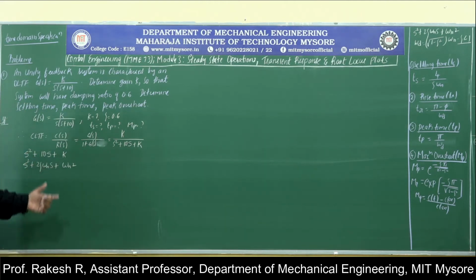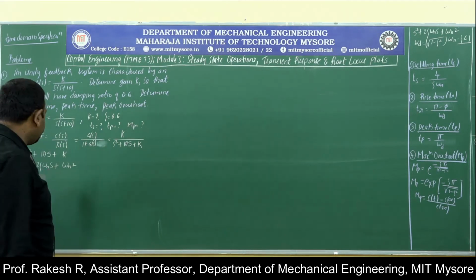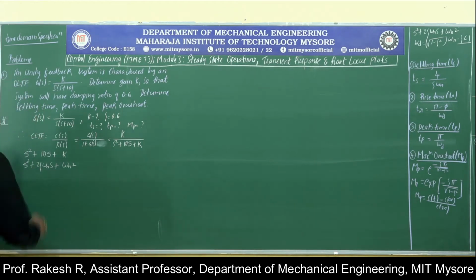Let us solve. First let us calculate omega n and zeta. So I will compare these two. 2 zeta omega n s is equal to 10. You leave that s. Zeta value is 0.6, they have given. 0.6 into omega n is equal to 10.